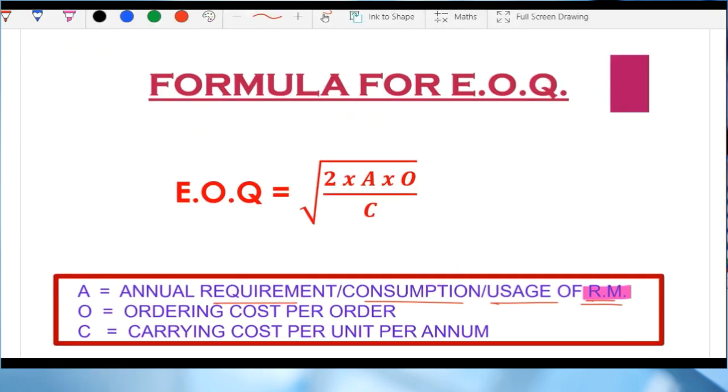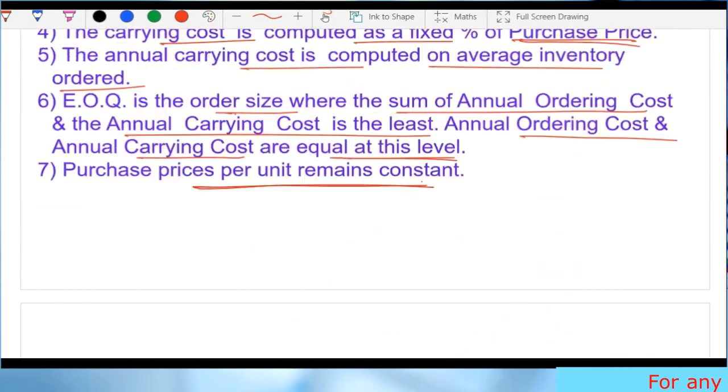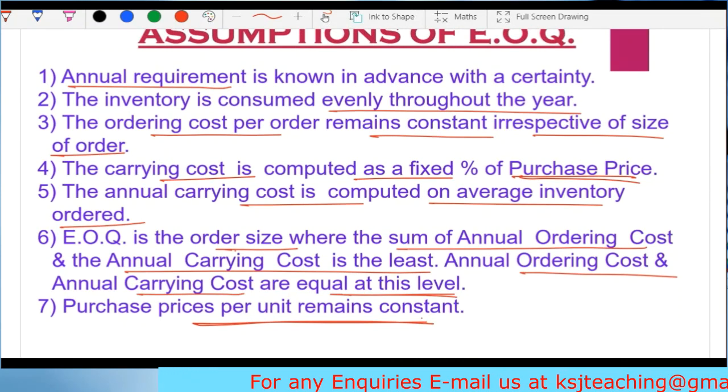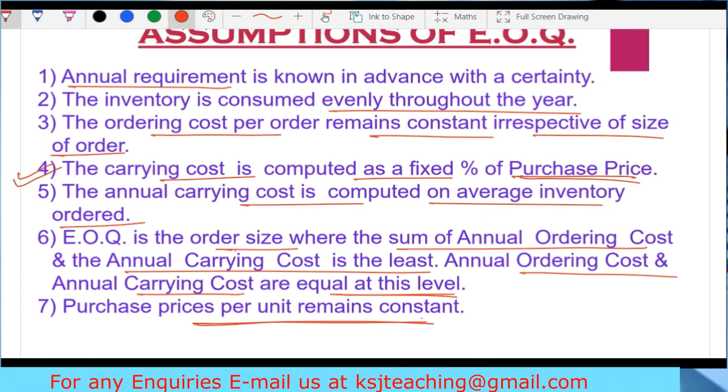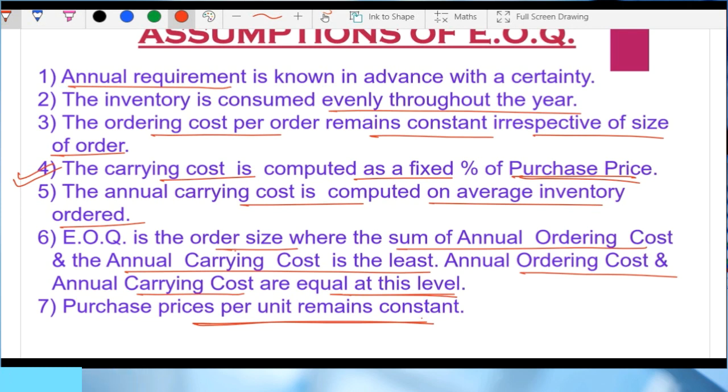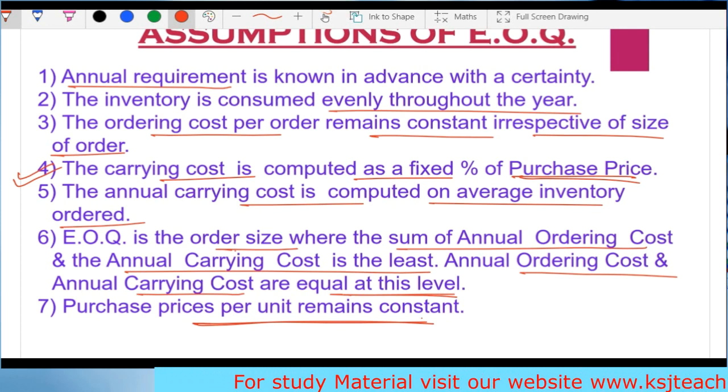Now, one thing you need to remember here, as I told you in the assumptions: the carrying cost is computed as a fixed percentage of purchase price. It will depend upon the quantity and the value of the material that you are carrying, the number of stores or godowns you will require.